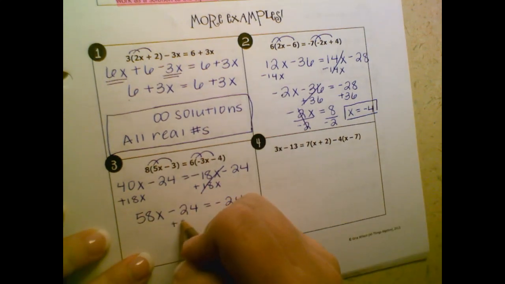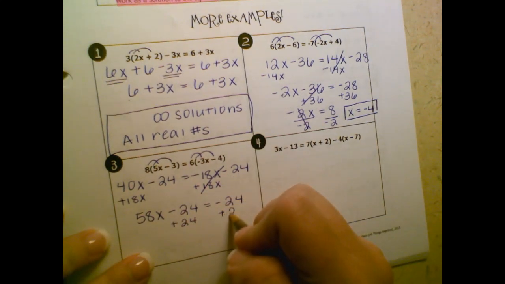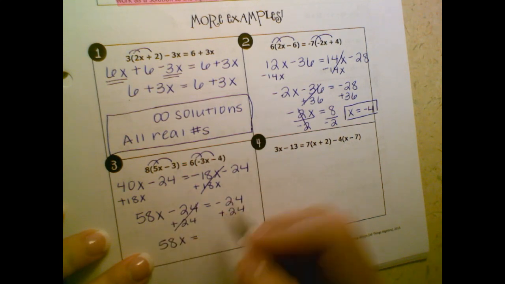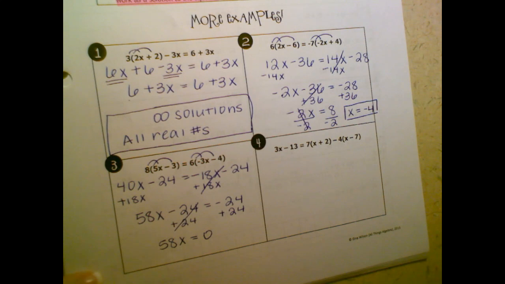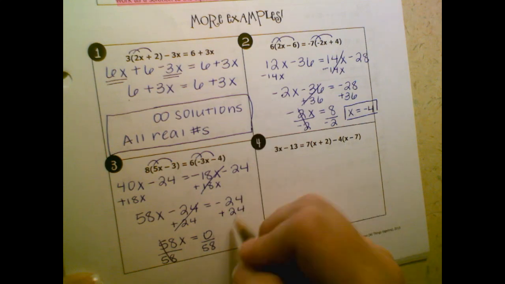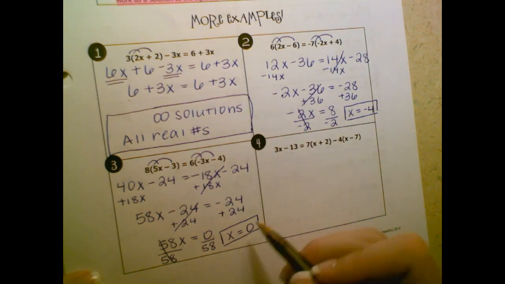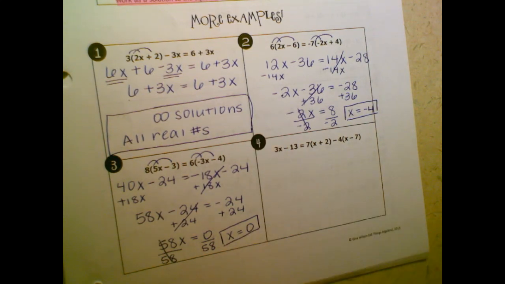Go ahead and add my 24. And then divide. The 0 divided by 58 gives me 0. 0 is a number. So don't get confused with the 0 and no solution. 0 is a number, so only 0 can work.